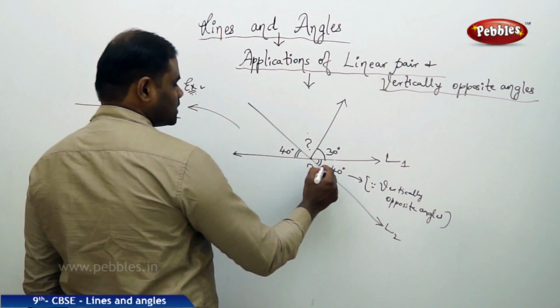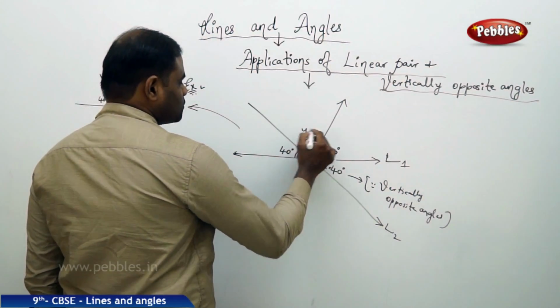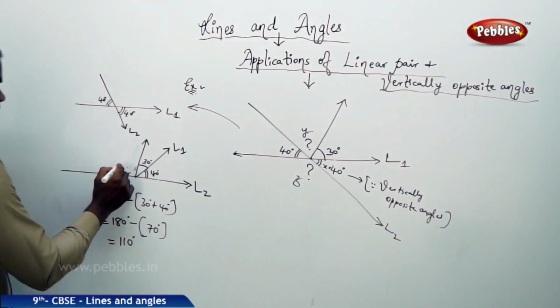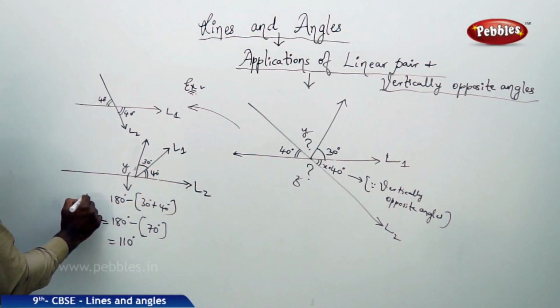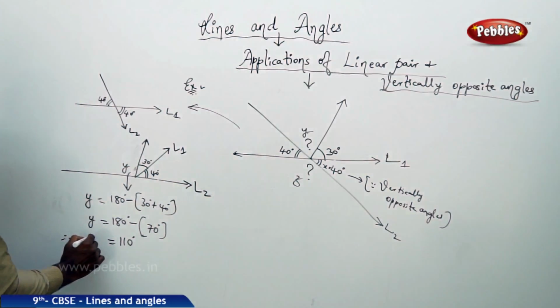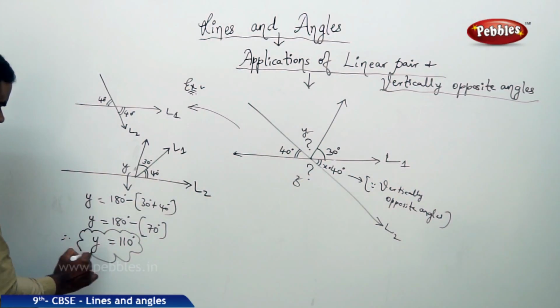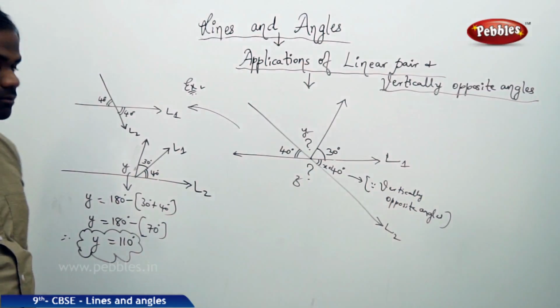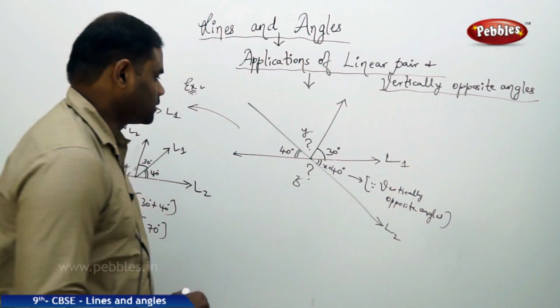Therefore, if I take this as x, this as y, and this is z, my angle y would be equal to this. Angle y equals 110 degrees.